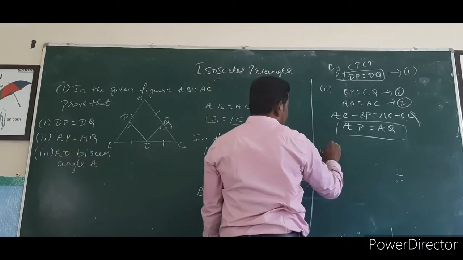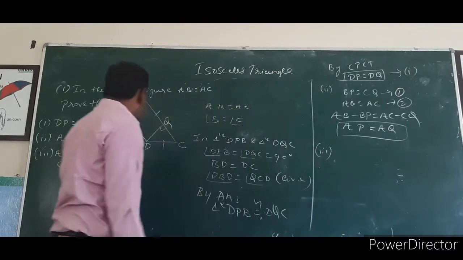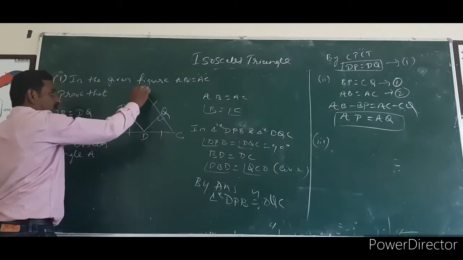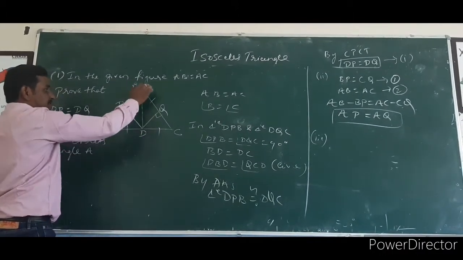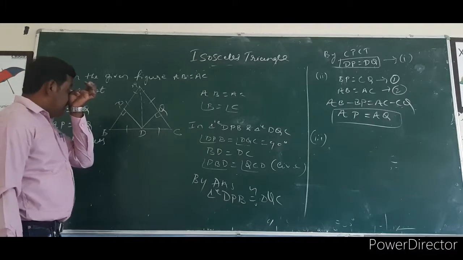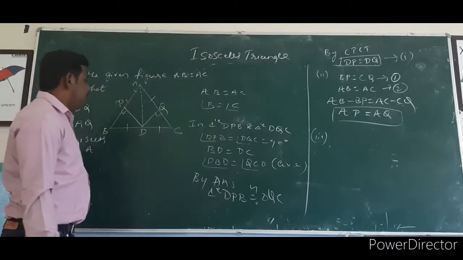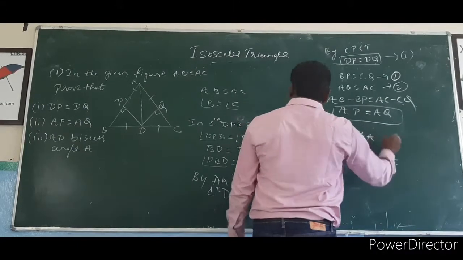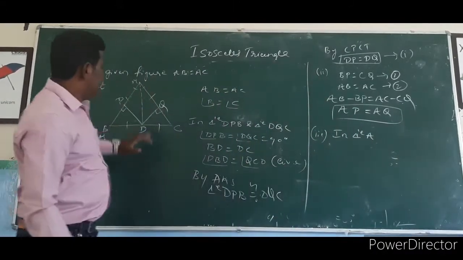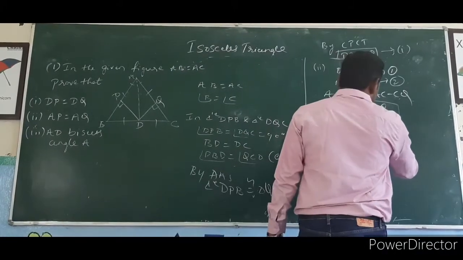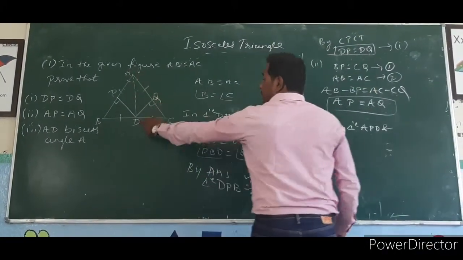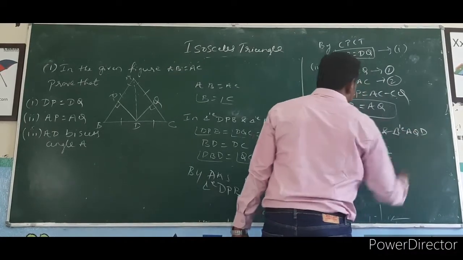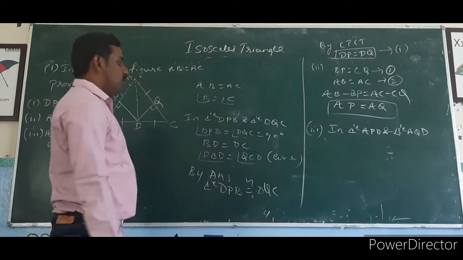Next, the third one: AD bisects angle A. You can draw one line. To show this bisects angle A, consider triangle APD and triangle AQD. First you have to show these two triangles are congruent.